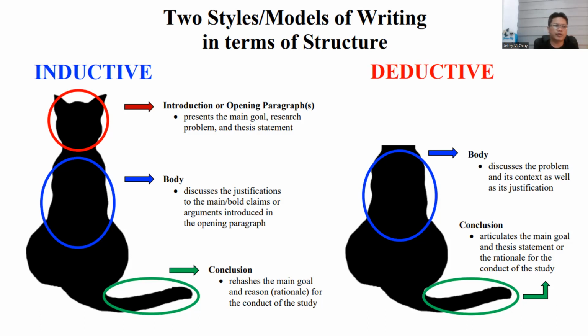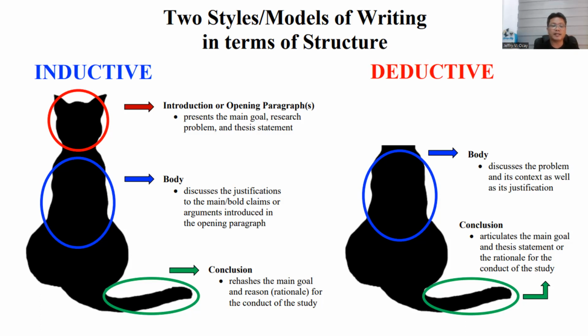And then after you have successfully articulated in the opening paragraph the main goal, the research problem or gap, and the thesis statement of your proposed research or your thesis as a whole, then in the body you discuss the justifications to the main or bold claims or arguments you introduce in the opening paragraph.